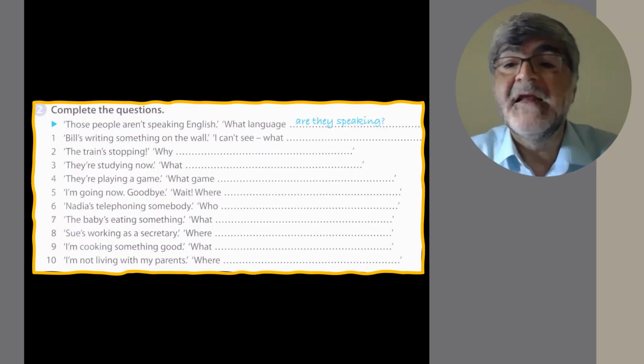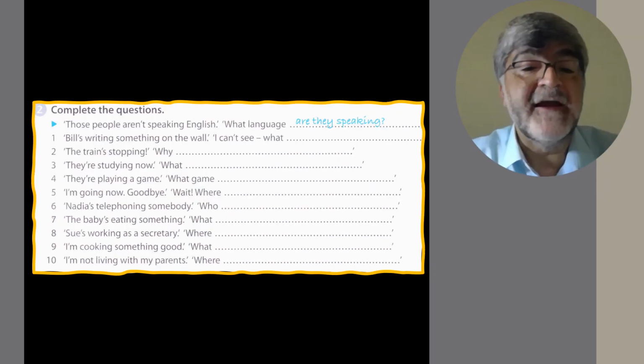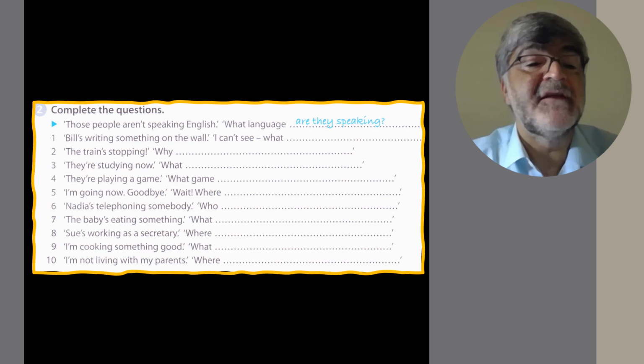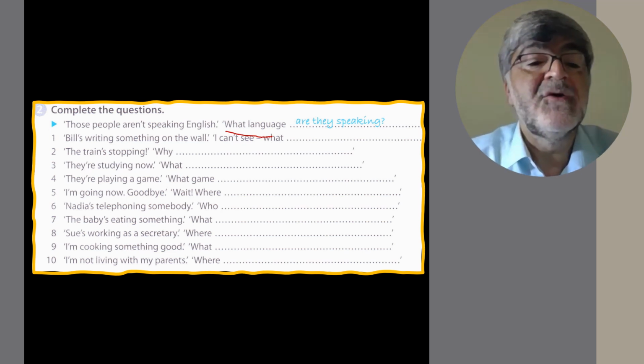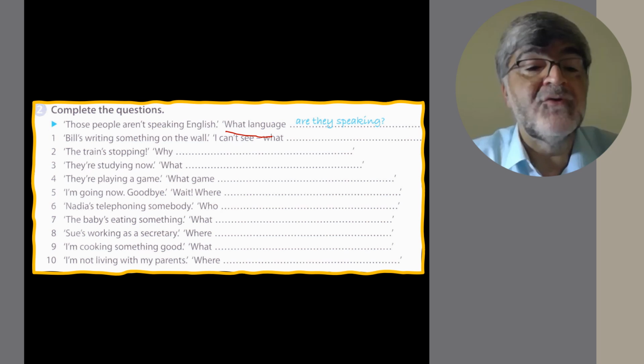Okay, let's go to the final part of our lesson, complete the questions. Here you can see that those people aren't speaking English. What language are they speaking? Here we are using question words which are really important.